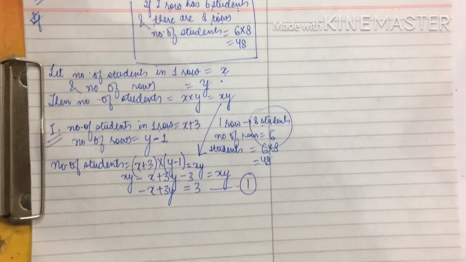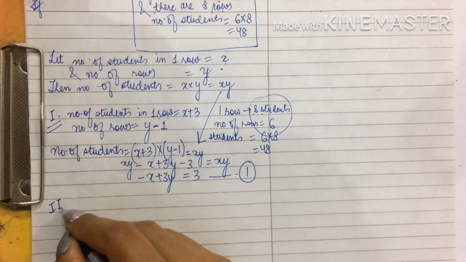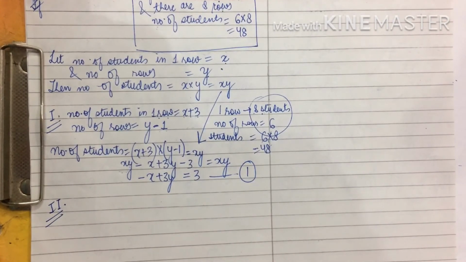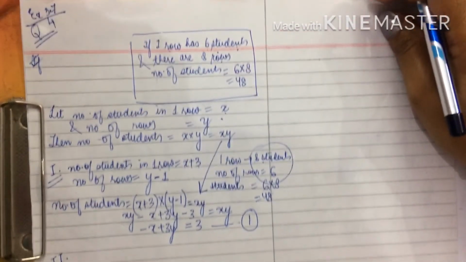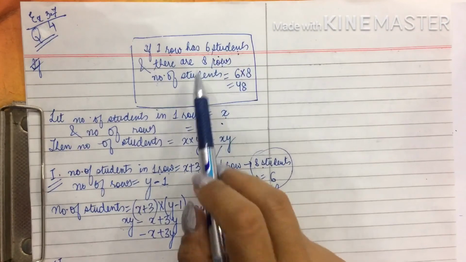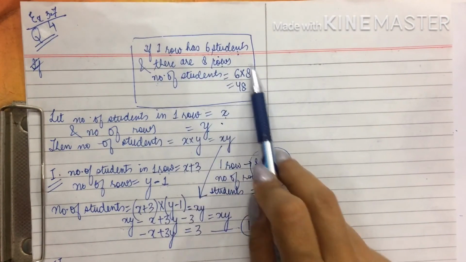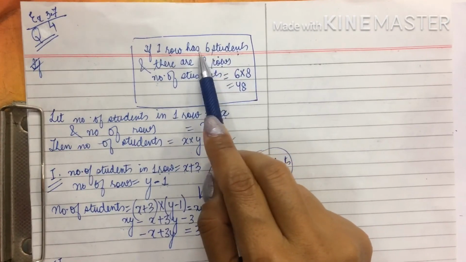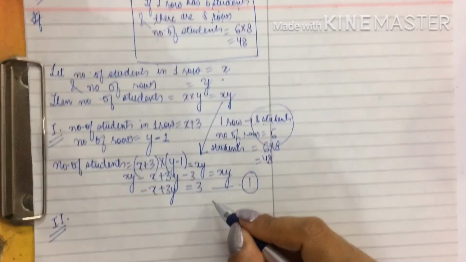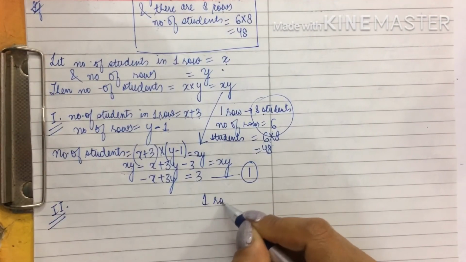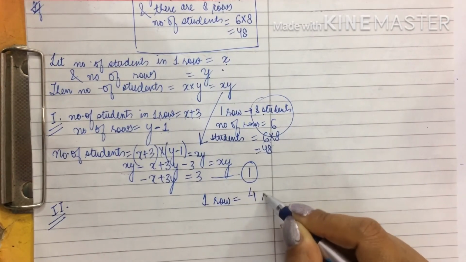Let's consider the second case. In the second case, they are decreasing the number of students in each row. From the same arrangement, when I made 6 students stand in one row and I made 8 lines, the number of students was 48. Let's decrease the number of students. Now, in one row we have 4 students.